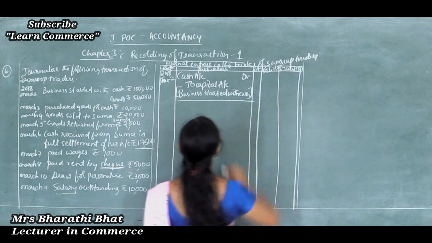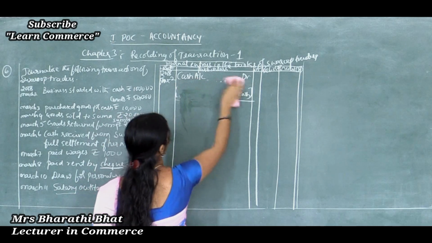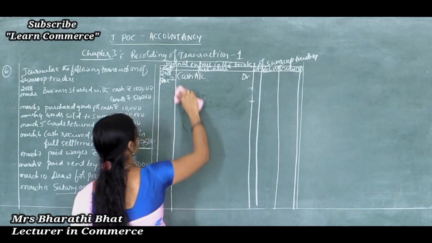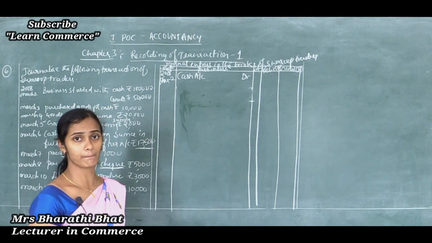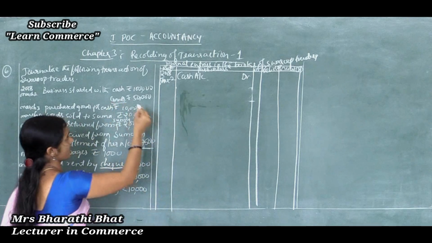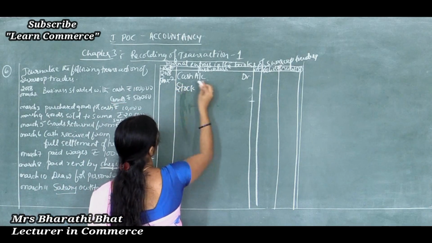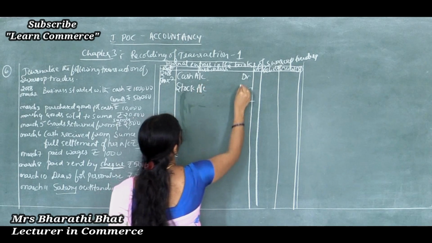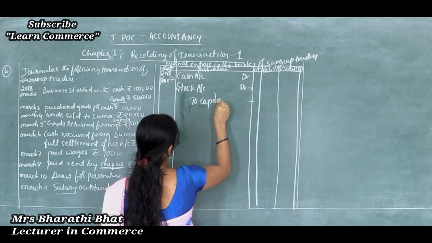Amount, here cash and goods. Business started with the cash and goods. So we need to pass a compound journal entry. So cash account, and here goods is considered as stock again. Stock account debited to capital account.